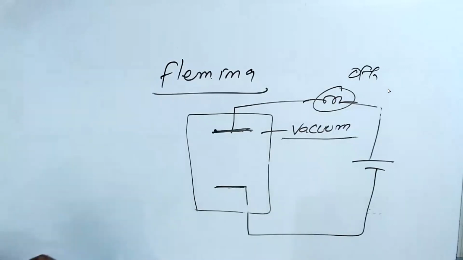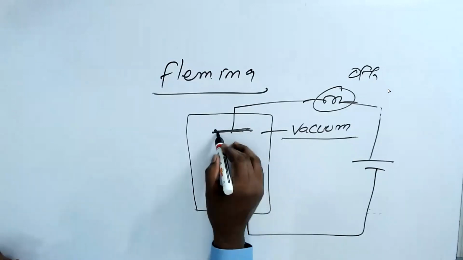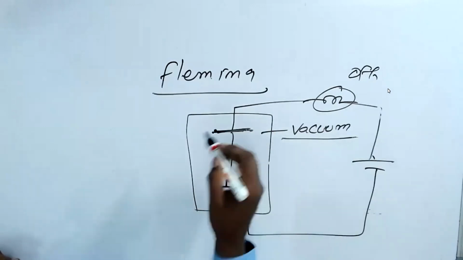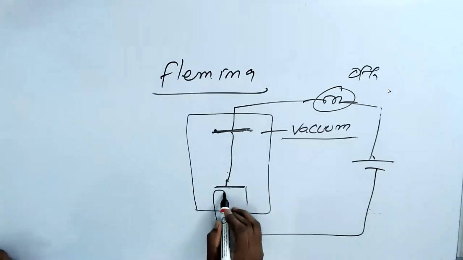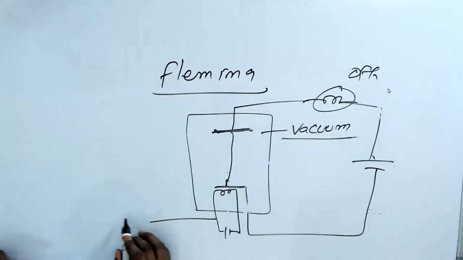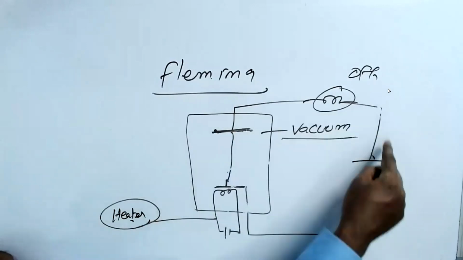But Fleming was very clear: if you push the electron out of this one, and the other one is positive, it will attract the electron and it will go. But how do you push? So Fleming put a heater here. The heater is the one which pushes the electrons out. Then the electrons are attracted by this one, going like this.